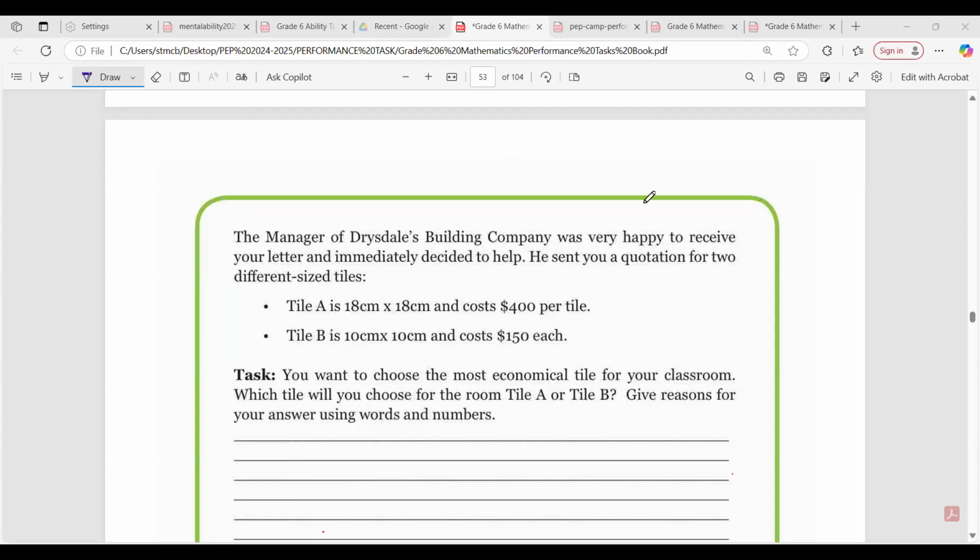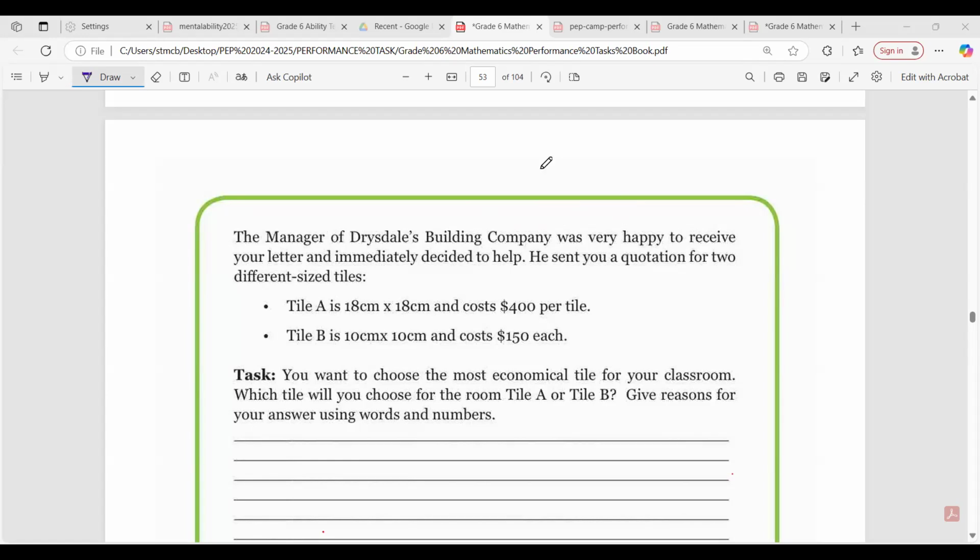So I put tile B because it's cheaper, sir. But you have to do some work out. You have to prove to me that it is cheaper. How you went about proving it? So I choose tile B because it's cheaper and I only need 6. And I did the math. You need 6 of them? Yes, sir.